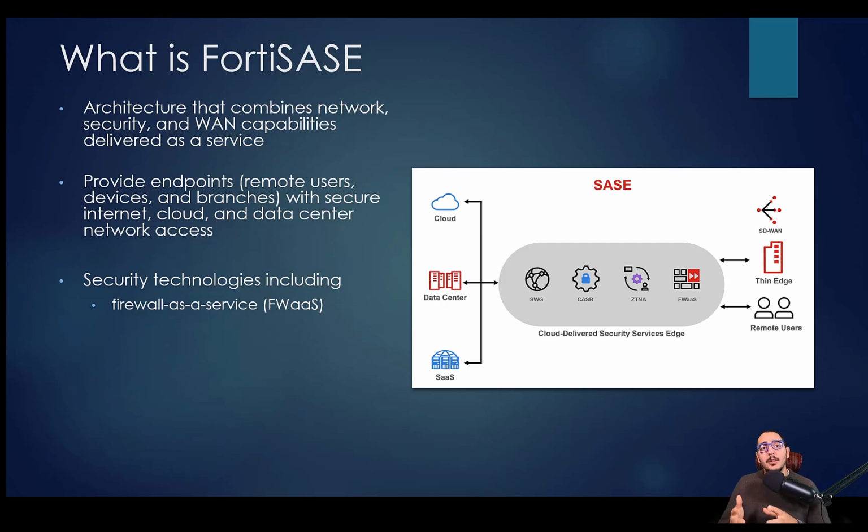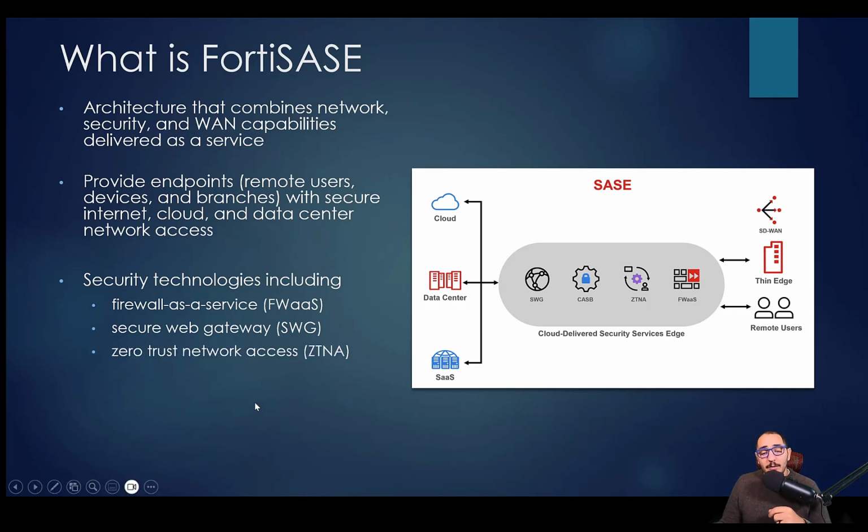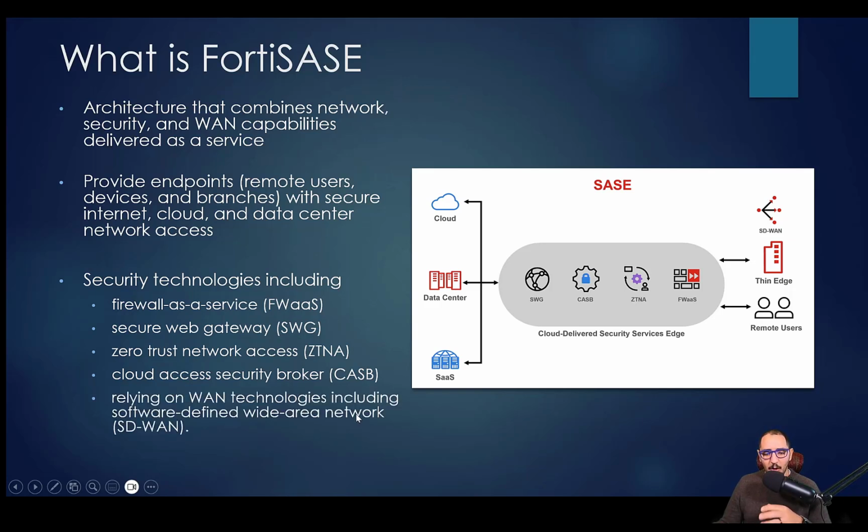So if you want to learn the FortiSASE, it's a slight learning curve for you. Another technology that is integrated into it is secure web gateway. You have the zero trust network access technology. You have the CASB, and it relies on the SD-WAN technology.